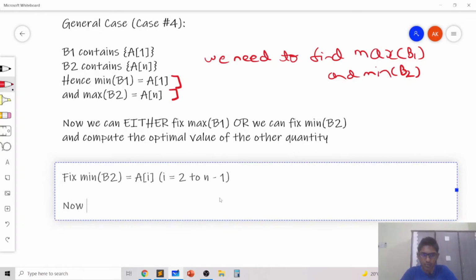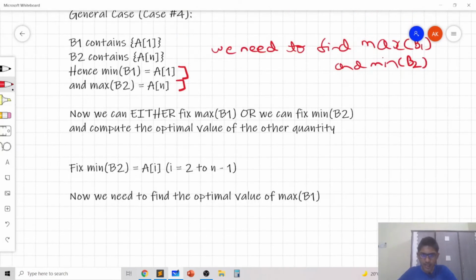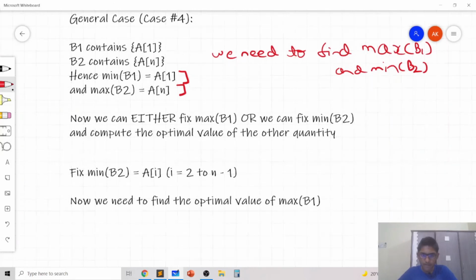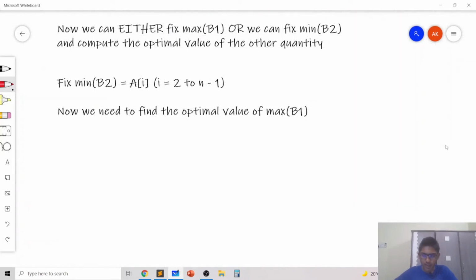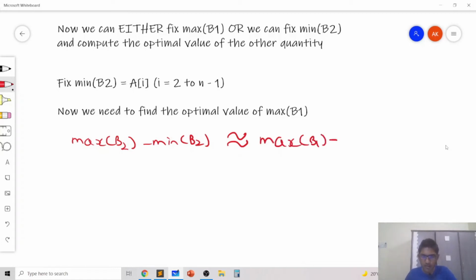Now we need to find the optimal value of max of B1. Now an important idea over here is that we basically need to ensure that the max of B2 minus the min of B2 is as close as possible to the quantity max of B1 minus the min of B1.